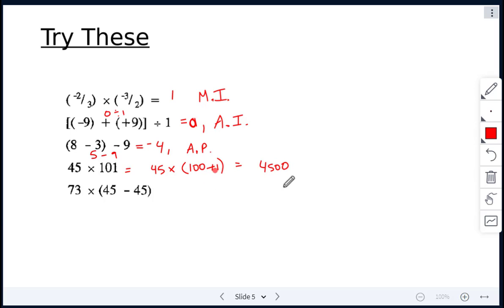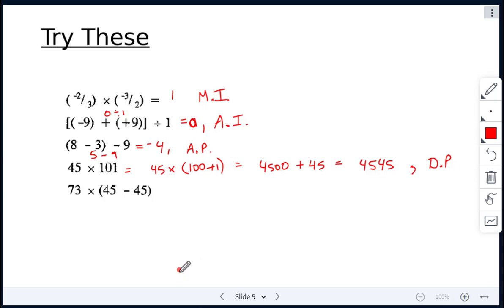And then 45 times 1 is 45. So 4,500 plus 45 gives us 4,545. This was distributive property that I used, so I'll just put DP for distributive property.